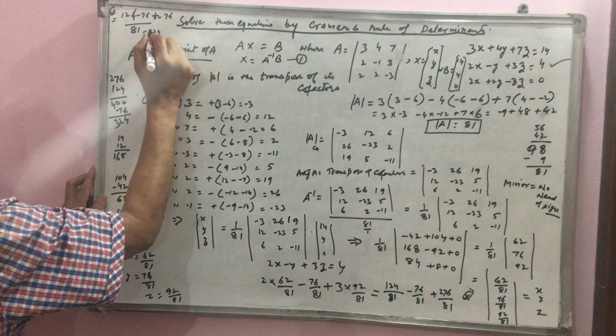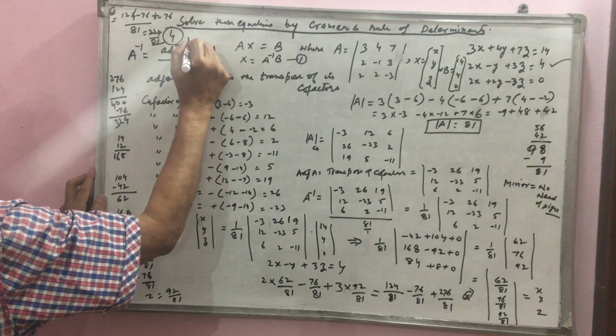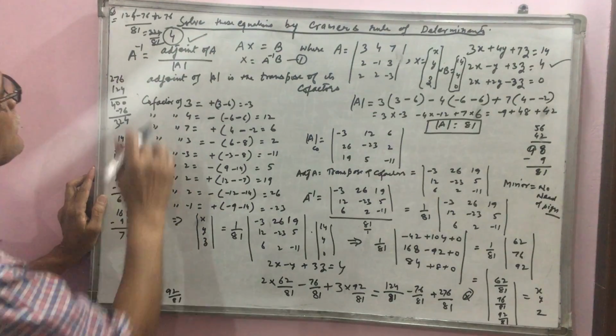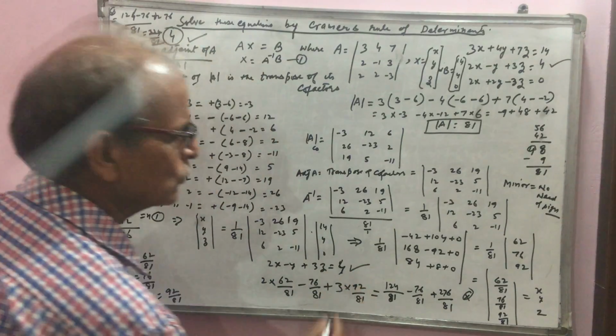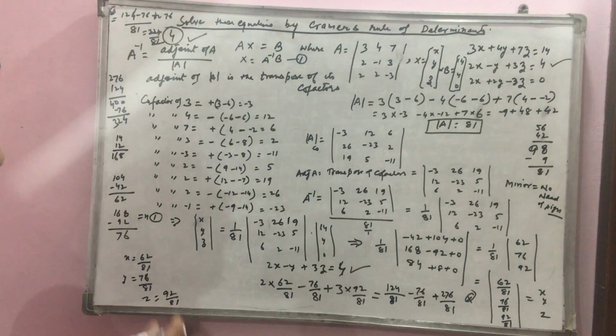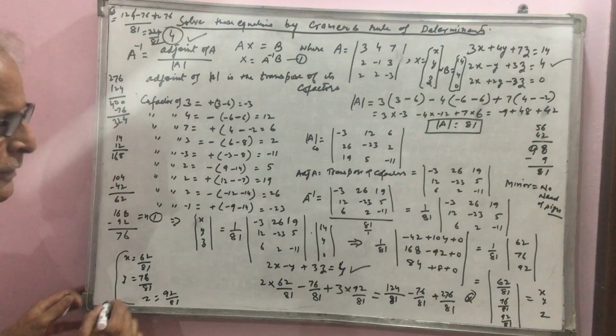When we cut it, it will come 4. So the left hand side is 4 and the right hand side is also 4. So your answer is correct.